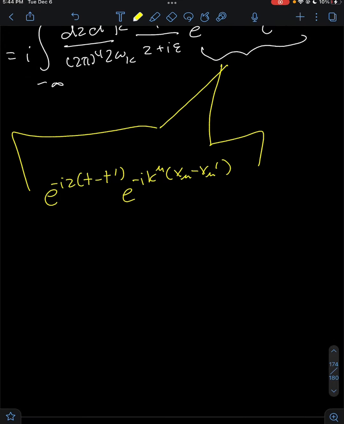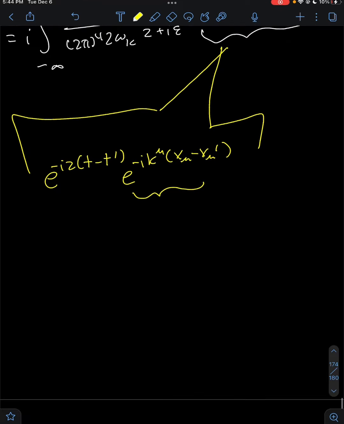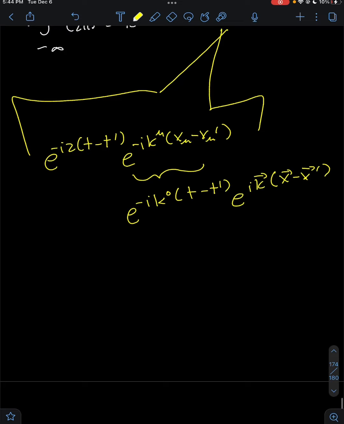Well, again, we want to expand this exponential term. So we're going to have e to the minus i k_0 times (t minus t prime) times e to the i k (3-momenta) dot (3-position minus 3-position prime). I hope that you guys can convince yourself why this is going to be equal to this expression right over here.